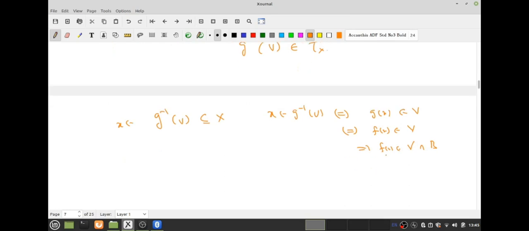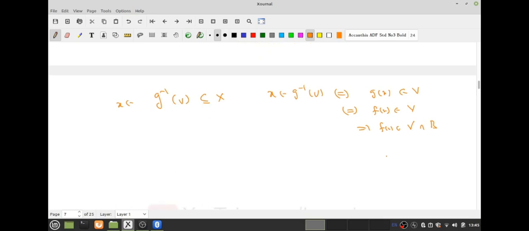Do you follow that? I just want you to understand this is all set theory, very easy functions and set theory, basic stuff. So what I'm claiming is g inverse of V is nothing other than, can somebody tell me? f inverse of V intersection B. This is all I am claiming.